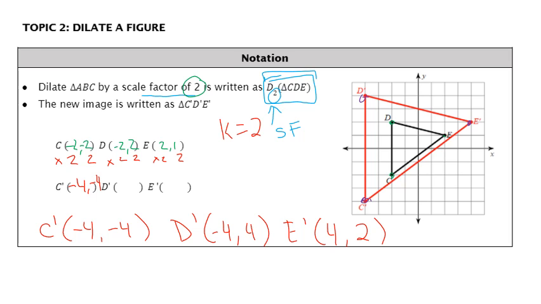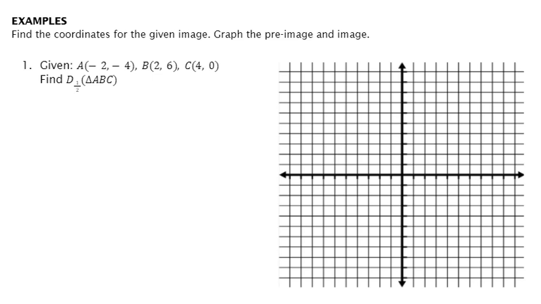So really, if they give you a scale factor, you're just multiplying all the values in the coordinate points by the scale factor, and you're creating your new image. This example is very similar, where you're given the points and you have to write the pre-image, or the original image, and the new image after it's dilated.